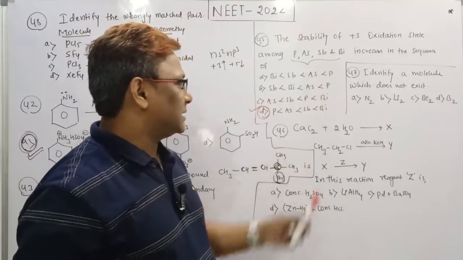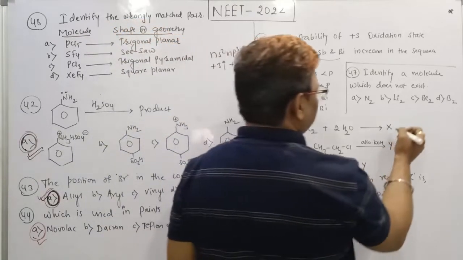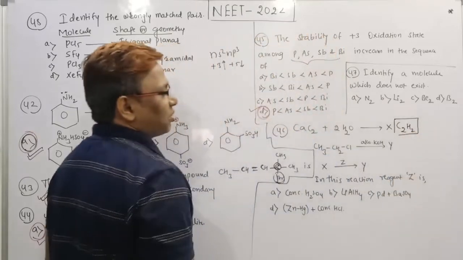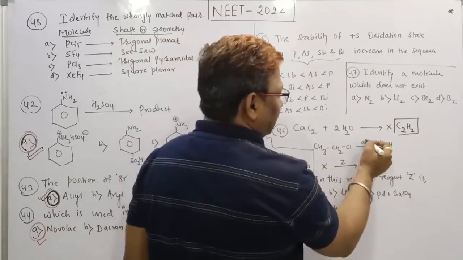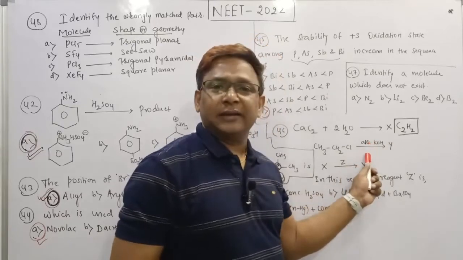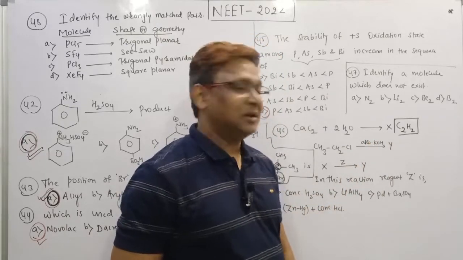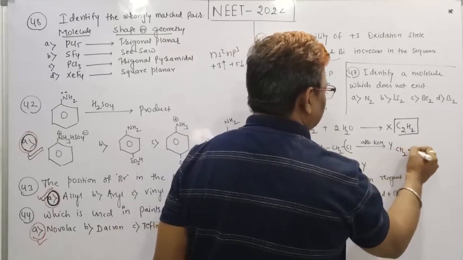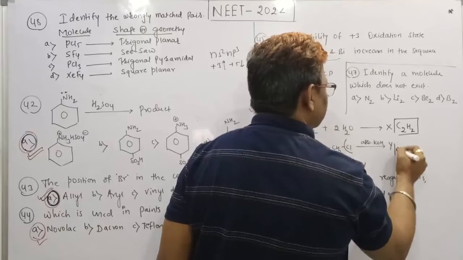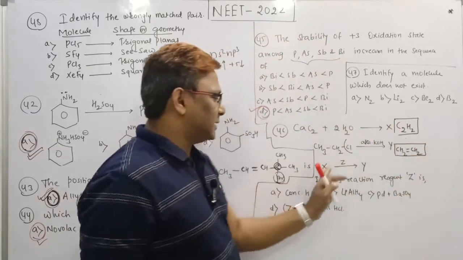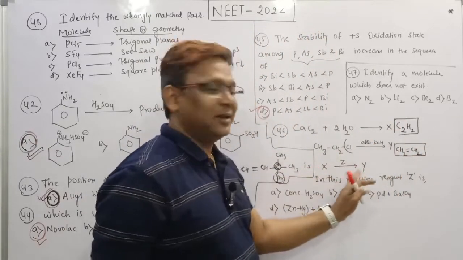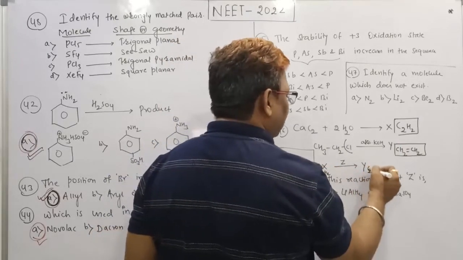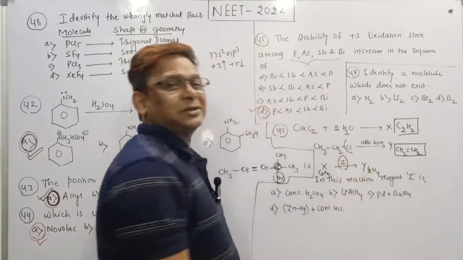46, beta. Calcium carbide on hydrolysis gives rise to X. Do you know X is nothing but acetylene gas? Ethyl chloride with alcoholic KOH: alcoholic KOH acts as a dehydrohalogenating agent, meaning removal of halogen and hydrogen, and it gives rise to an alkene, that is CH2=CH2. So X is acetylene and Y is the alkene. Acetylene, C2H2, is converted into C2H4 only by addition of hydrogen.